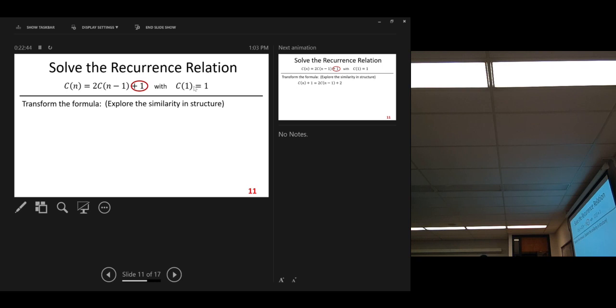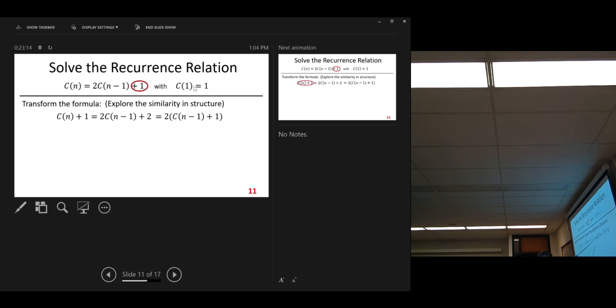So let's add 1 to both sides, and 1 plus 1 gives you 2. After you make that change, it's an equivalent formula. That's what I mean by transformation.